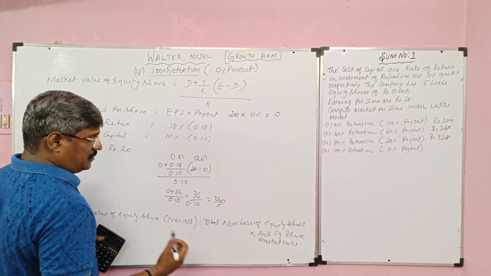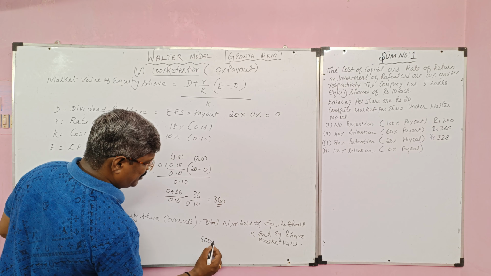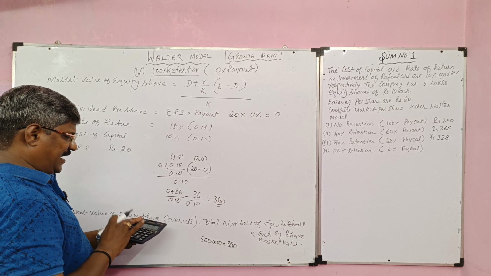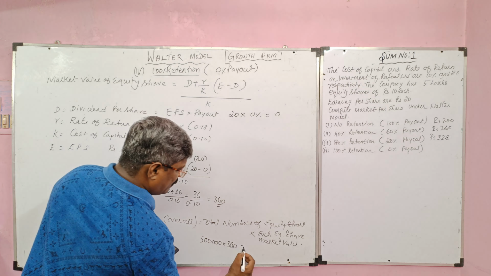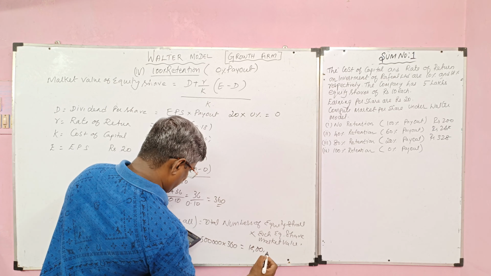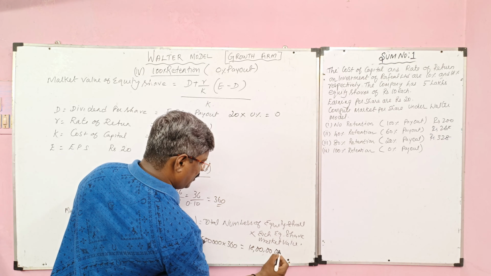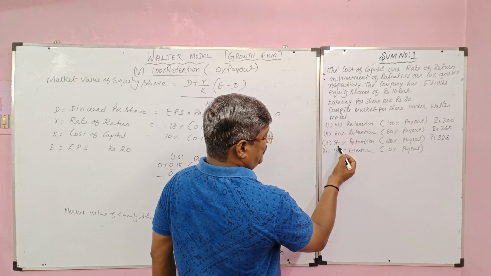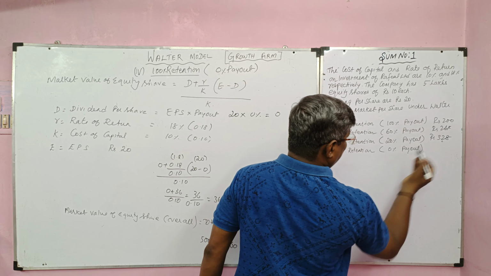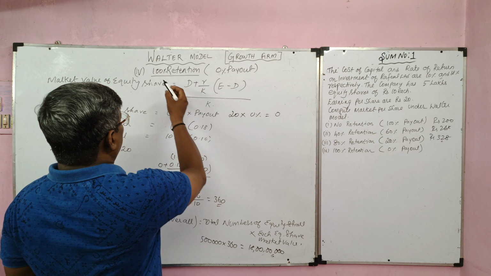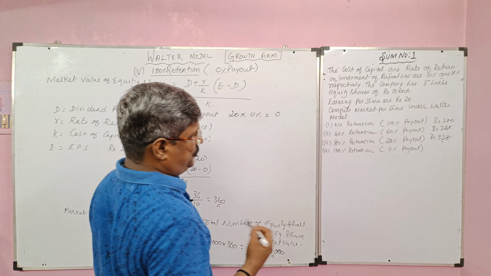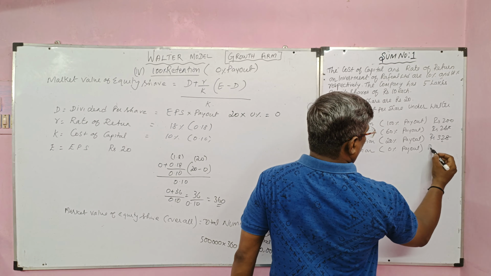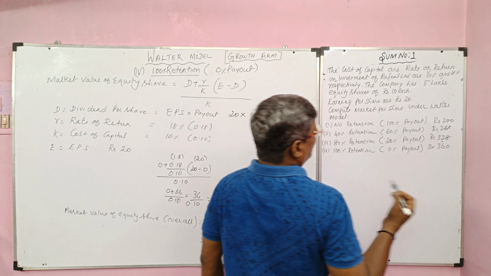So total number of equity shares 5 lakh multiplied by 360, our value is 1800 00 000. So when the retention ratio is 80%, the market value of per equity share is 328. When the retention is 100%, that is a zero payout ratio, the market value of per equity share is rupees 360.